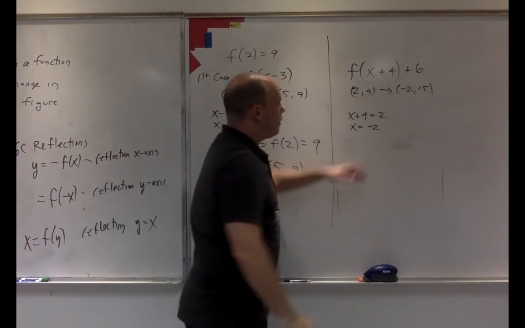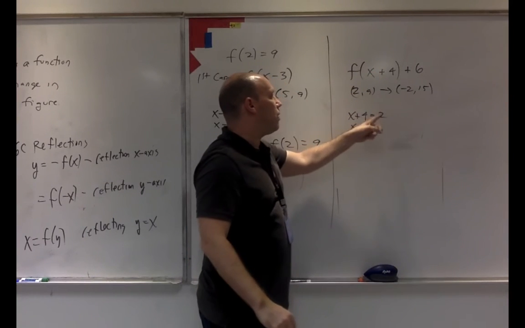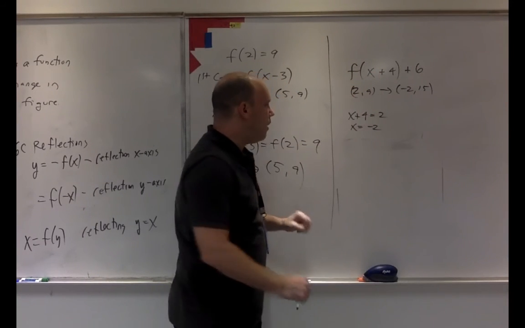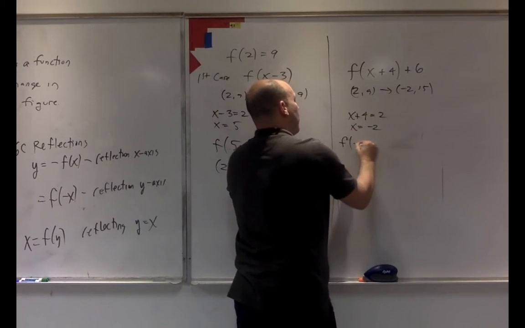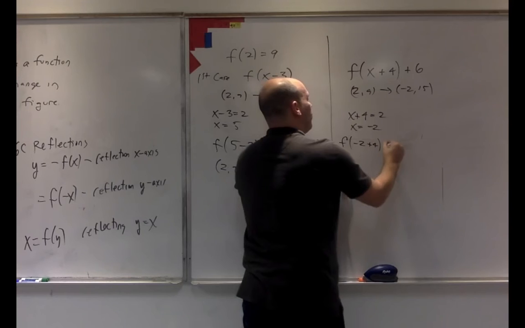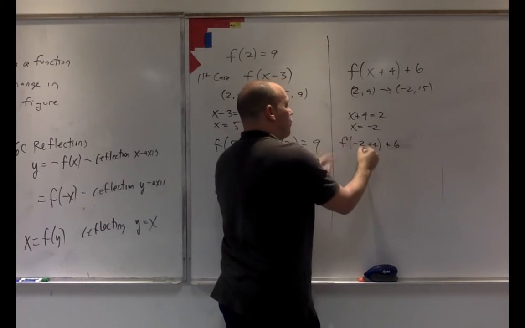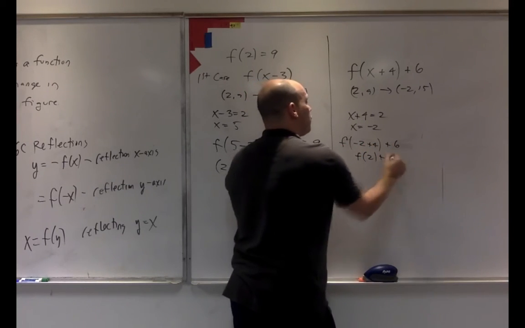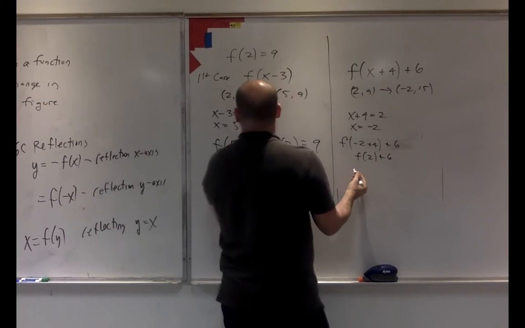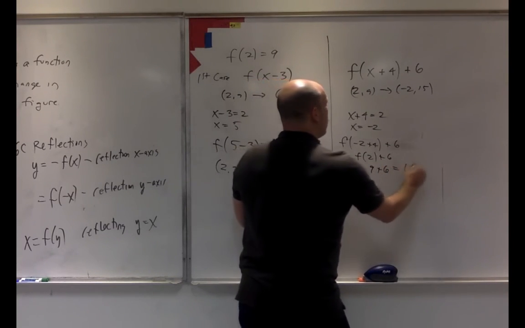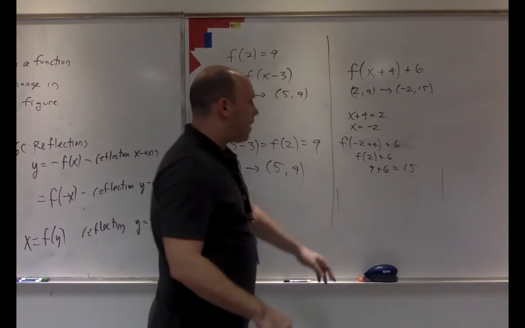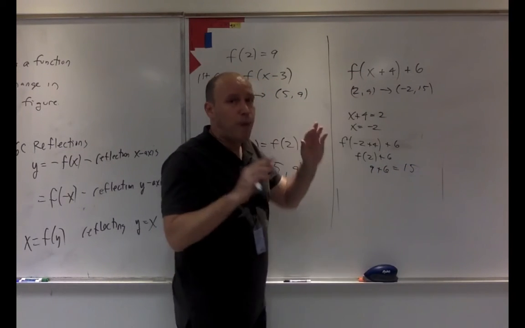So I'm going to, once again, set what's inside of here equal to 2. x equals negative 2. Now, stick in f of negative 2 plus 4, plus 6. Well, this is f of 2 plus 6. This is 9 plus 6, which gives us our 15.